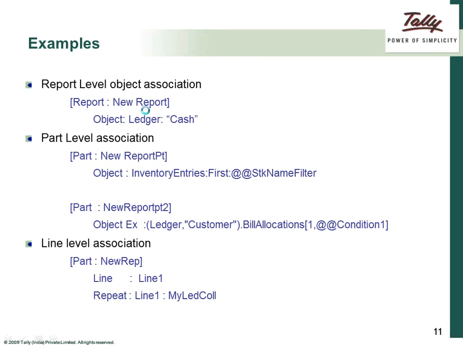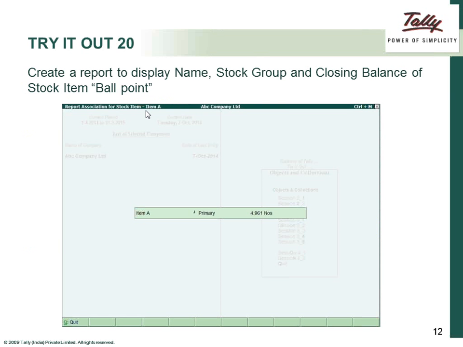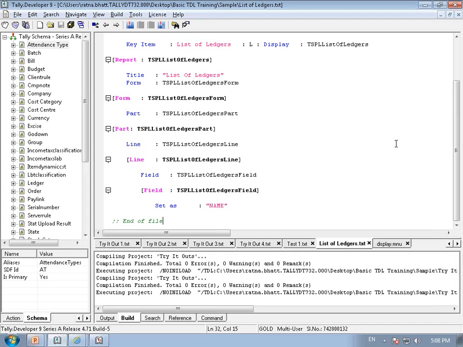Right. So this is how our try it out report will look. This report says create a report displaying the name, stock group and closing balance of stock item ballpoint, which means I just need one single object. So what I will do is, I'll go back to my report.